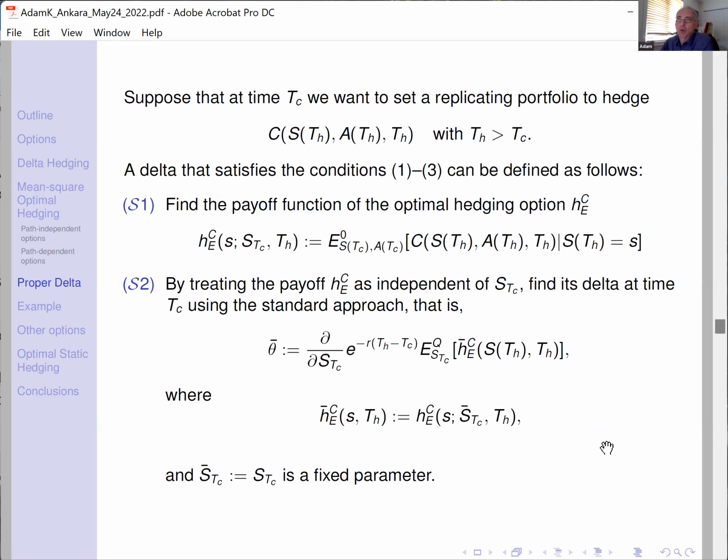For this, suppose that I want to hedge the price of the option at the future time T sub H, and I'm standing at the current time T sub C.